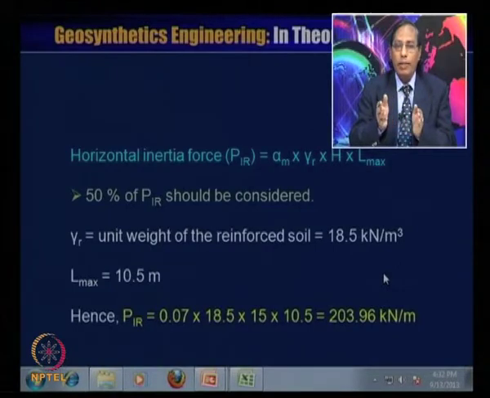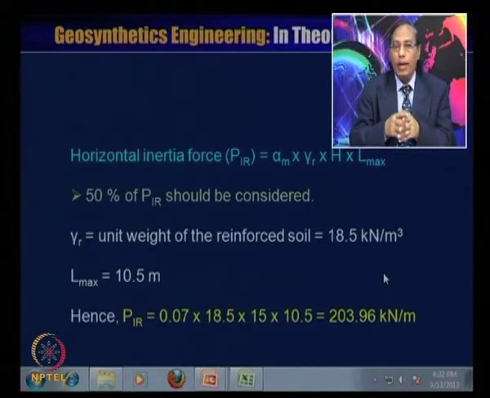Here L maximum is the length of the reinforcement, that is 10.5 meter, and gamma r is the unit weight of the reinforced soil, that is 18.5 kilonewton per meter cube. But for the horizontal inertia force, you have to consider only 50% of PIR.